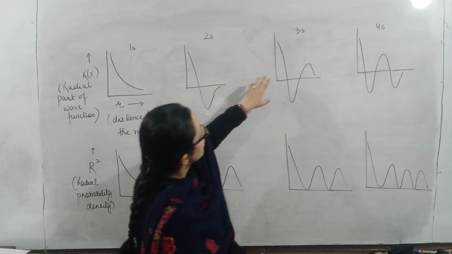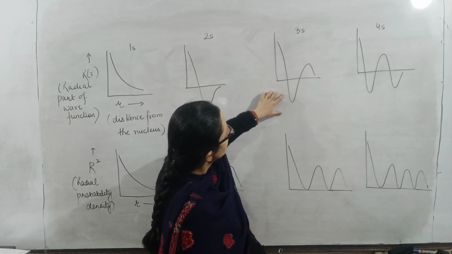Right? So again, this is the radial wave function for 3s.